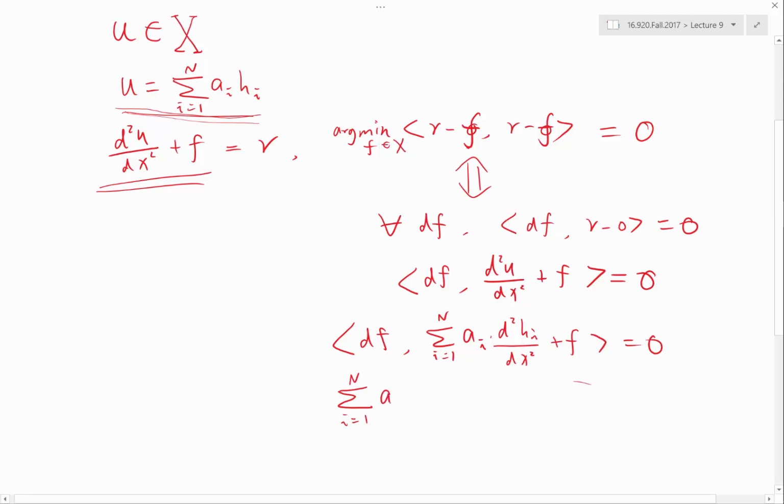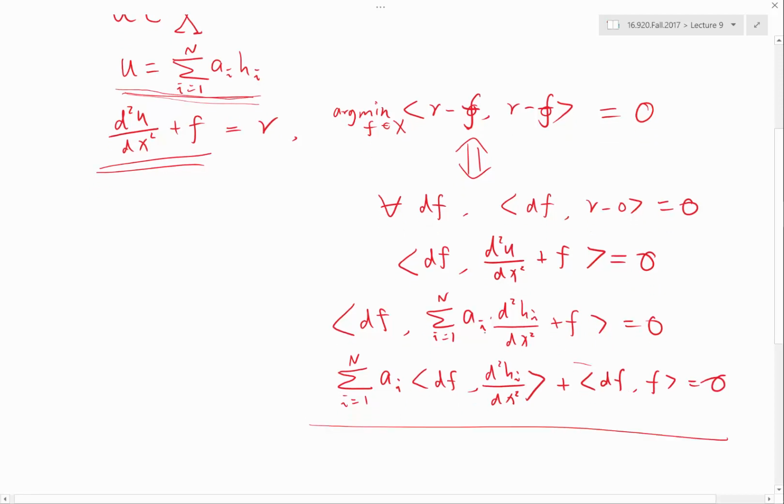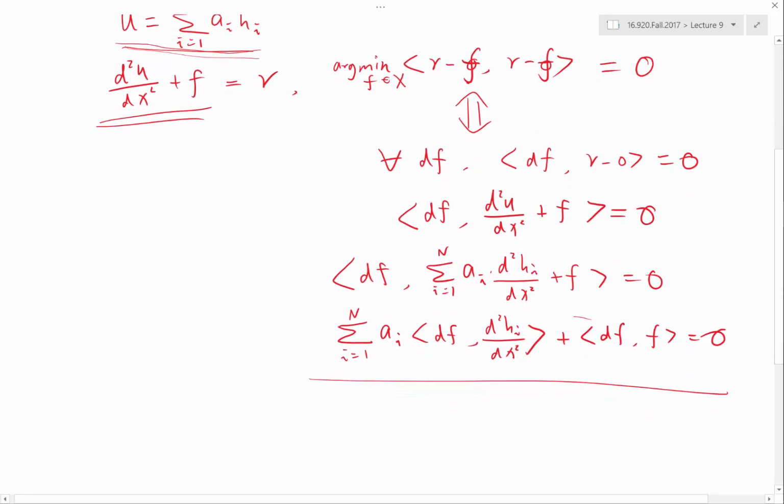We get summation ai df d square hi dx square. So this is one term. Another term is df, f has to be 0. Right? So this is basically expanding the inner product as if it is just a product. It always works because of the properties of the inner product.